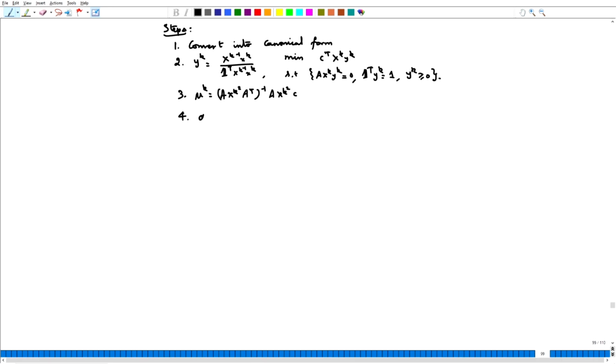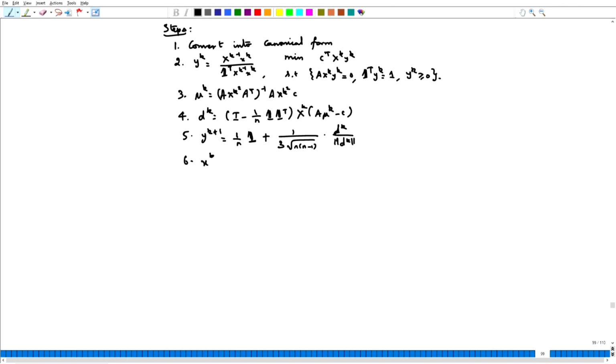And now I can write d_k as (I minus 1 by n 1 1 transpose) X_k (A transpose mu_k minus c), and y_(k+1) is y_k, which is 1 by n, plus 1 by 3 root n into n minus 1 into d_k by norm d_k, okay, and x_(k+1) is nothing but the inverse transformation, which is X_k y_(k+1) by 1 transpose X_k y_(k+1), okay.